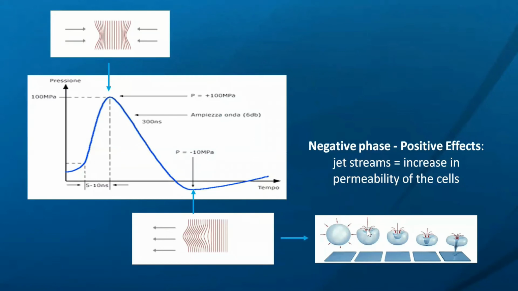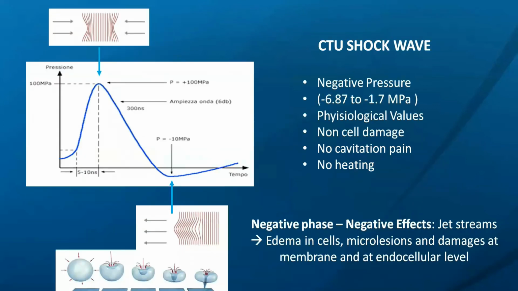This is due to the production, after the collapse of the cavitation bubbles, of a series of jet streams that can damage the cell membrane of the cells and so generate inflammation in the tissues.